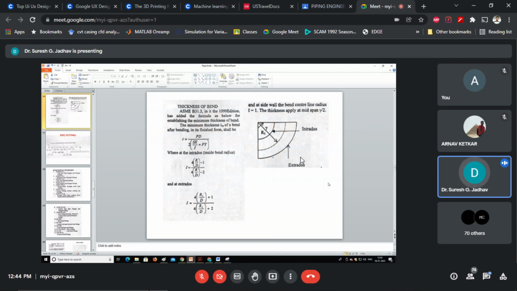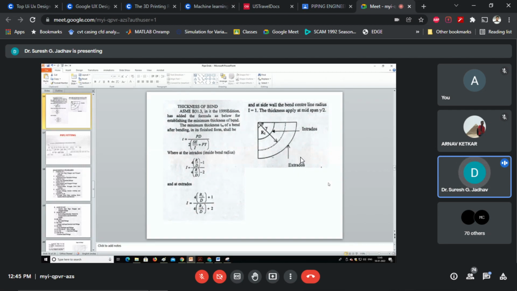Here we consider one additional term, that is I. At the midspan, we consider I equals 1. If you consider the inside bend radius, this is called the intrados, and the outside radius of the bend we call the extrados. How do we calculate the inside radius of bends?